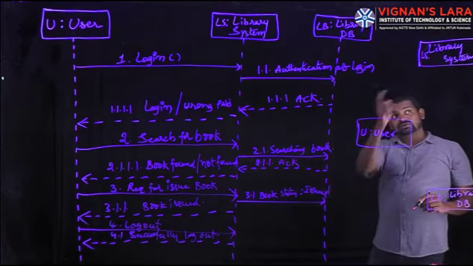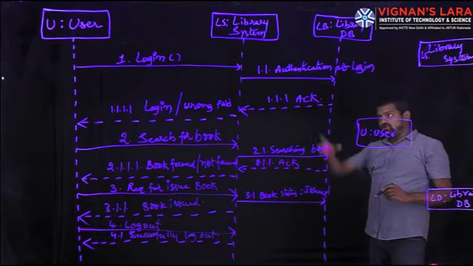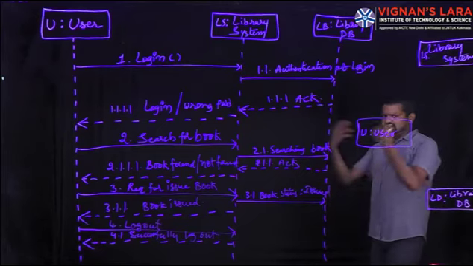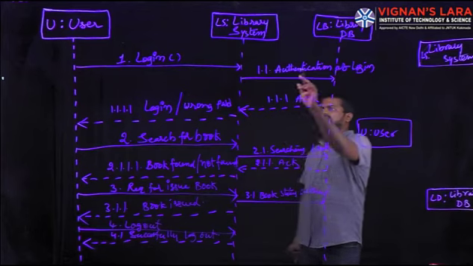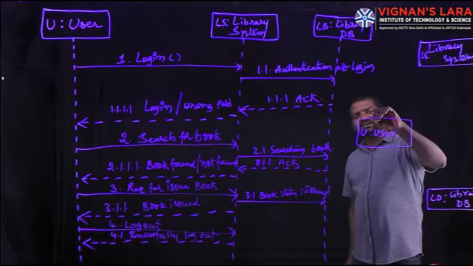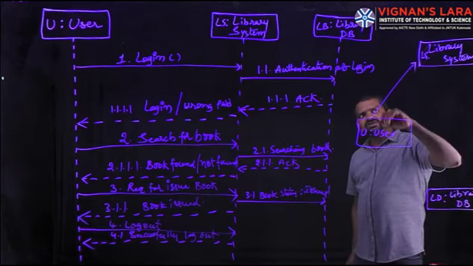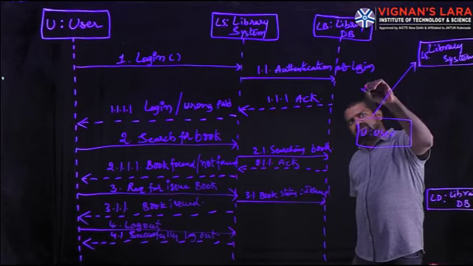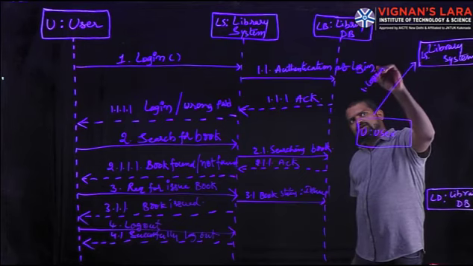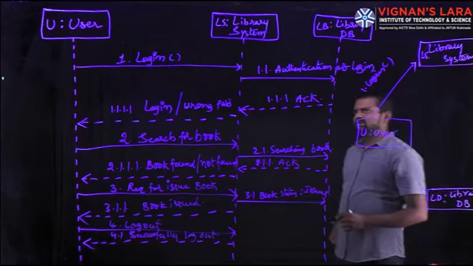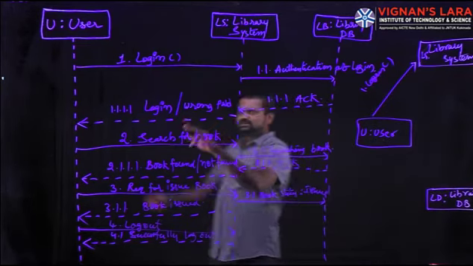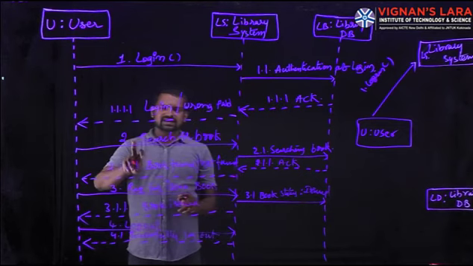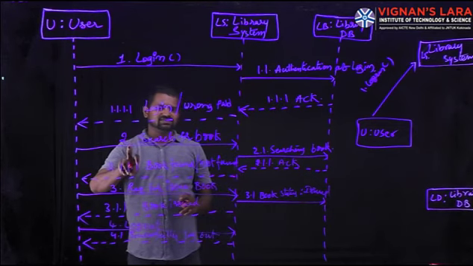From user to library and library to user, how many links are available? You draw them with sequence numbers. User to library system, the first one is login. You have to write login. Second, user to library system, search for a book.